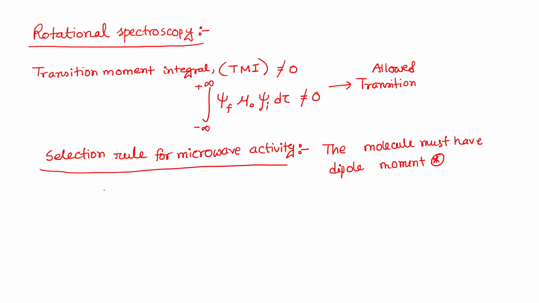Now, after this main condition, another one is delta J, where J is the rotational quantum number, that should be equal to plus minus 1.